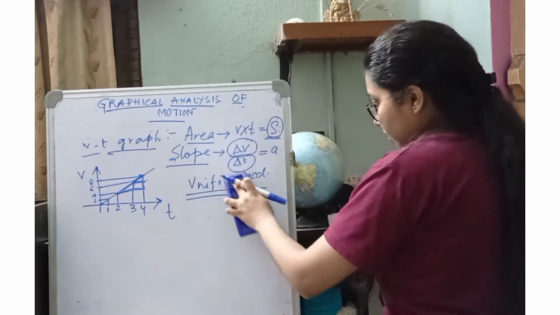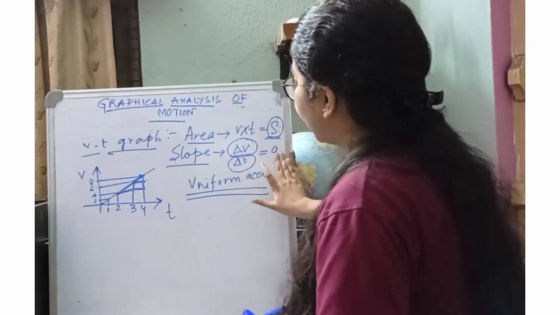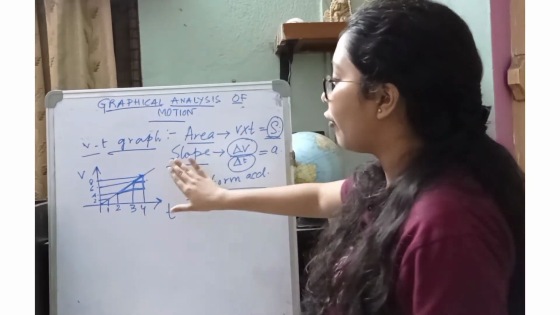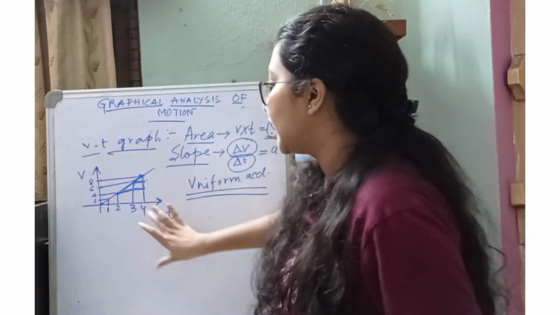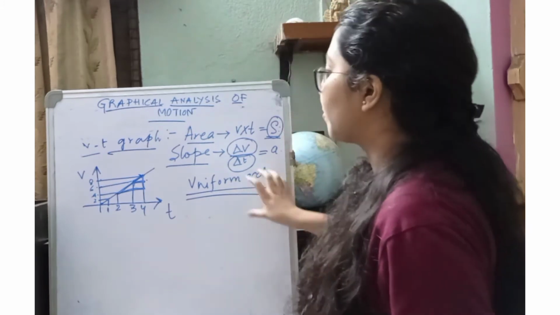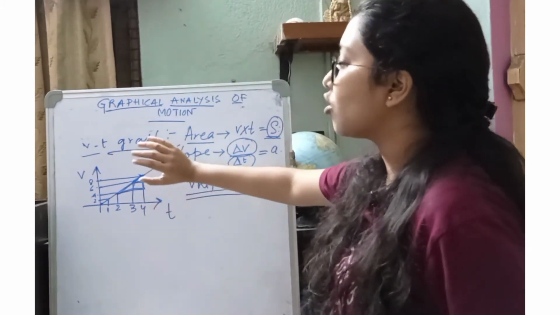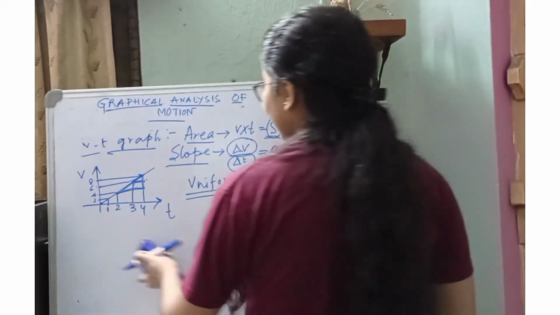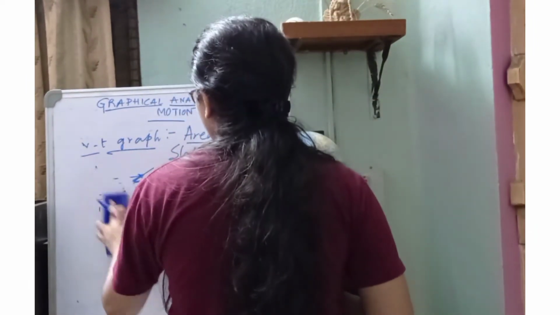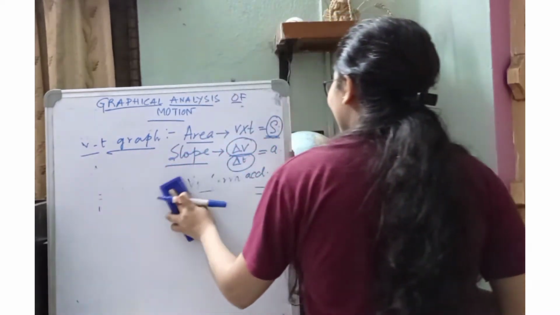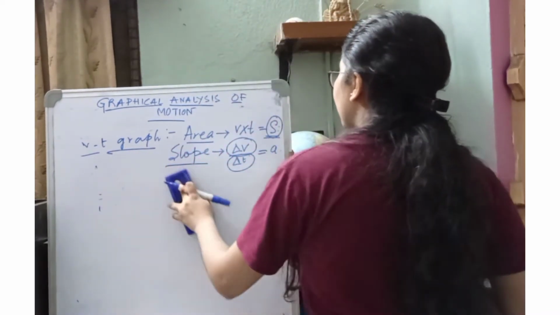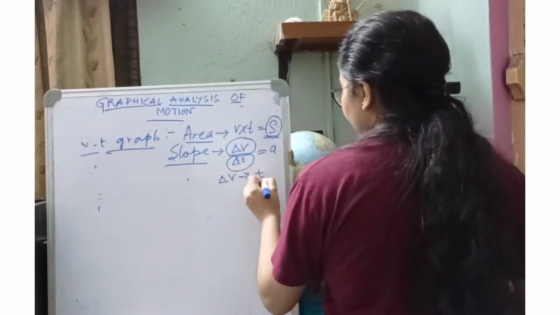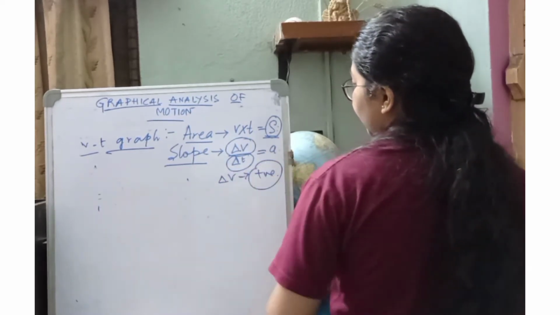So we have already seen that delta V by delta t gives me acceleration, and this is the particular graph of velocity being proportional to t, as well as the graph which shows that this is a constant or uniform acceleration, because acceleration is remaining constant. We are calling it acceleration because delta V is positive.